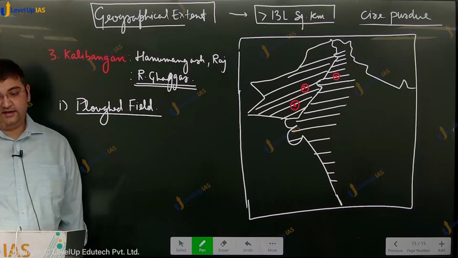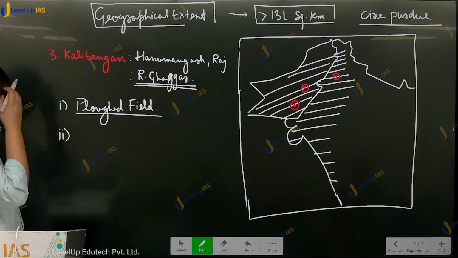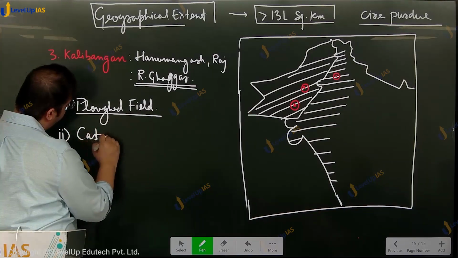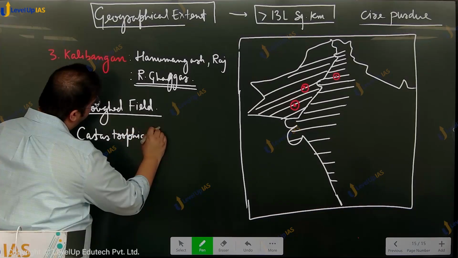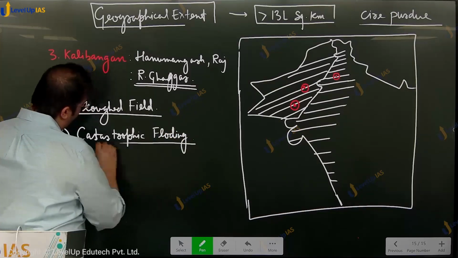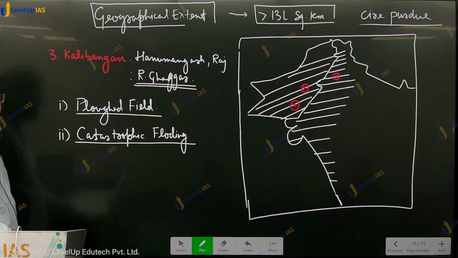और क्या मिलता है यहाँ से? We find evidence of catastrophic flooding, which has been cited as another explanation for the decline of the Harappan civilization.